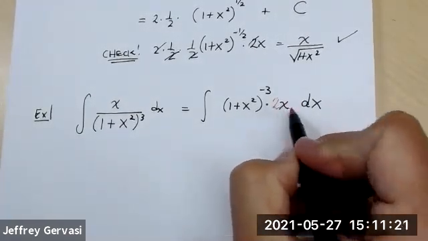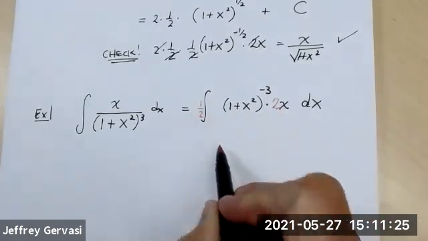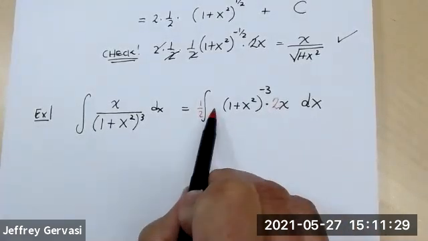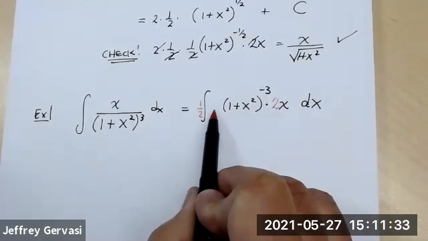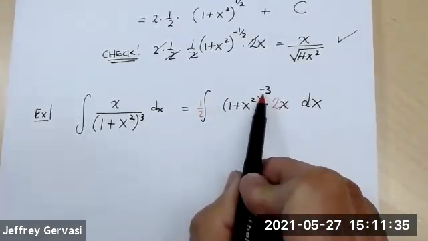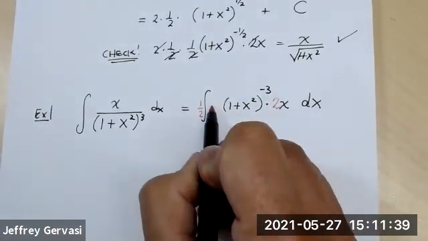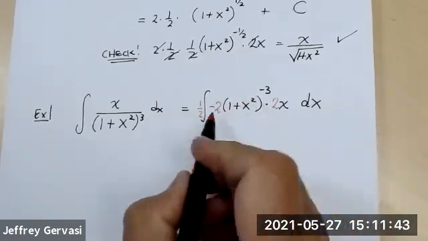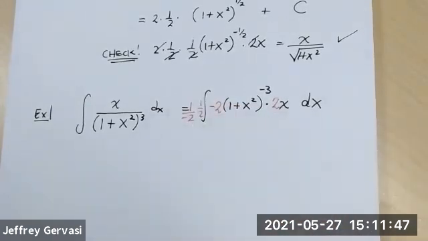So I'll multiply by a 2 here and a 1/2 on the outside to compensate. Okay, what else am I missing? What should be right here in front? What number did I have to bring down in front and then subtract 1 from to get the -3? Yes, good, a -2. So I need a -2 here, and I'll compensate by dividing by 1 over -2 on the outside.